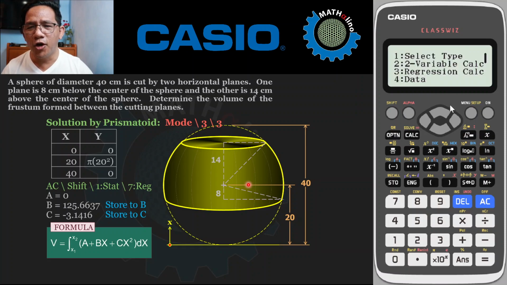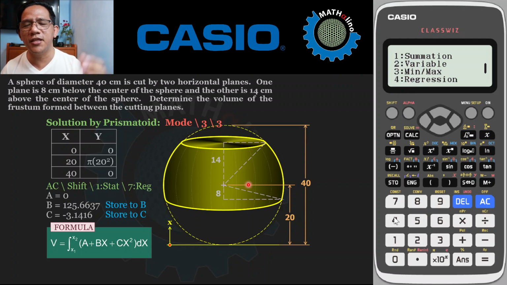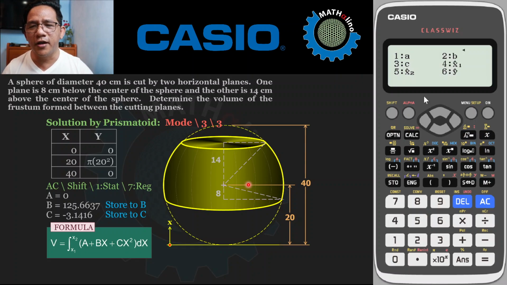AC, option, downward arrow, regression number 4. So I am going to go outside this mode to do the integration calculation. Then we have this A, number 1. That is the value, actually, 0. Do not write that into a memory address, it doesn't matter.